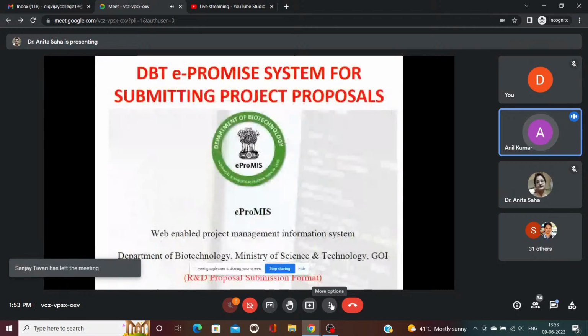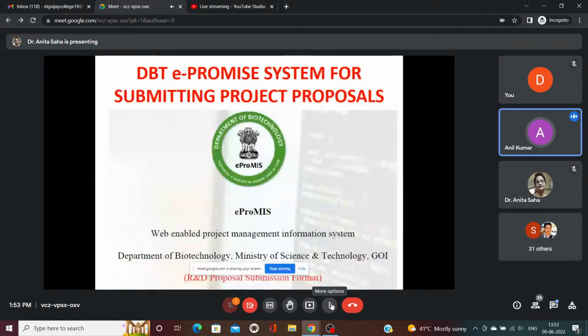The Department of Biotechnology launched the Biotechnology Career Advancement and Reorientation Program. Again, this program is applicable up to the age of 55 years. In this program, you can take good benefit of research funds and a research scholarship of nearly 55,000 per month, even more than 55,000 per month.